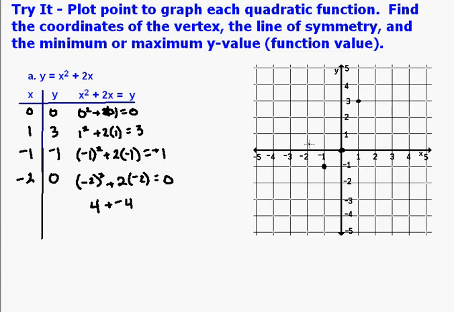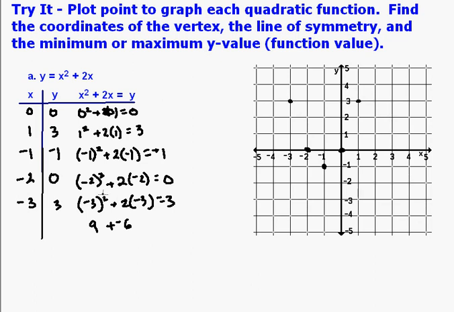So at negative 2, I'm back to 0. Let's try negative 3. Negative 3 squared plus 2 times negative 3. That turns into 9 plus negative 6, which is positive 3. So I'm at negative 3, 3.